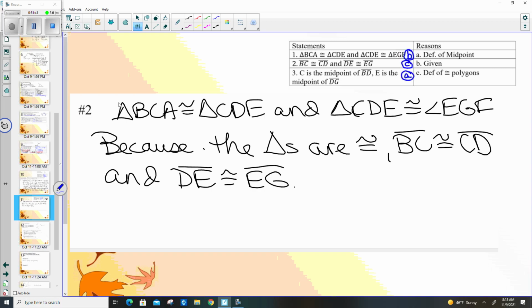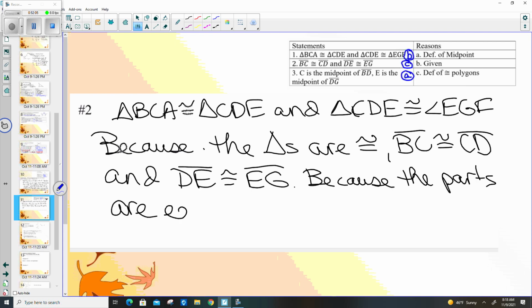Once we knew those parts were equal, what did we know? Statement 3. What was point G or point C? Okay, so because the parts are equal, C is the midpoint.